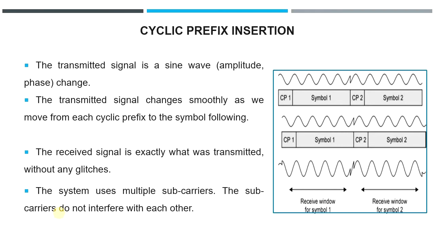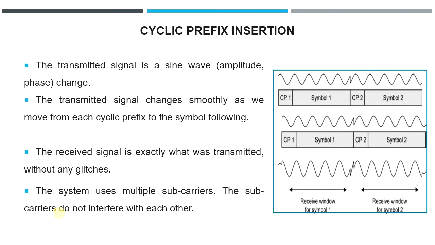As noted earlier in the video, each symbol contains an exact number of cycles of the sine wave, so the amplitude and phase at the start of each symbol equal the amplitude and phase at the end. And because of this, the transmitted signal changes smoothly as we move from each cyclic prefix to the symbol following.